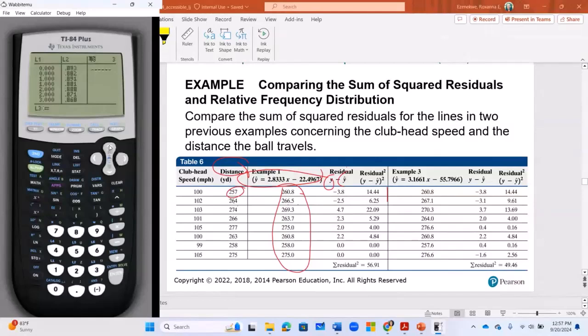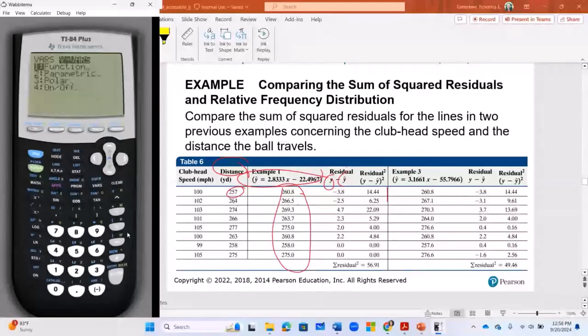How do I get the residual for each of them? Now that I have arrowed up to this, L3 is equal to, it's already here, y1. So what is in y1?